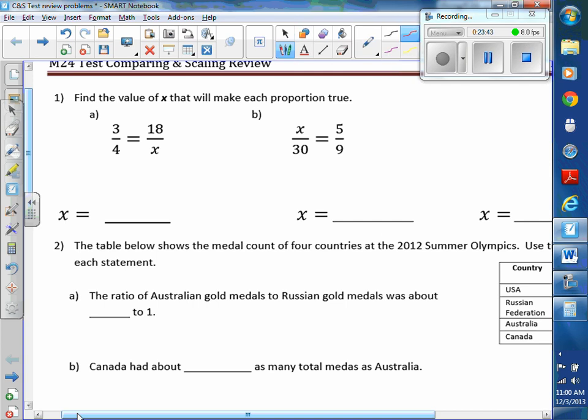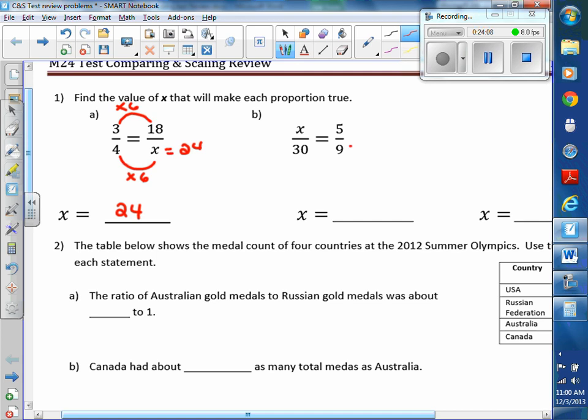So, easy problem. You always kind of want to make sure there's some easy problems on the test. So hopefully you guys see that as a pretty easy problem and get X is 24. Second one, same idea, not as easy. So many ways to do it, right? You could go with the common denominator, which is like cross multiplying.